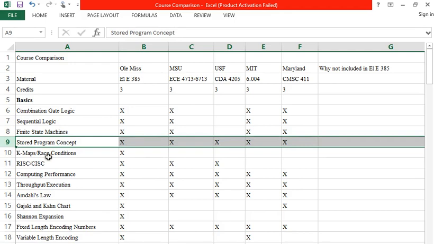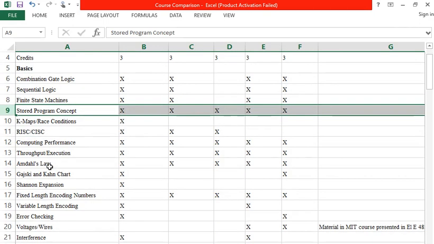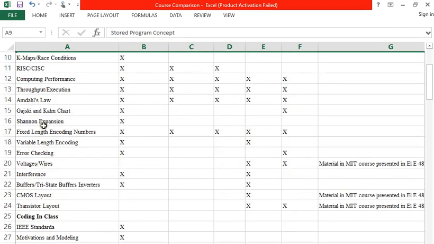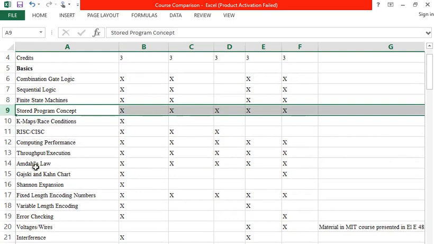RISC versus CISC, not really discussed here. Computing performance. We also talked about Amdahl's law, Gajski and Kahn charts, so talking about synthesis and all the different levels of a digital system.